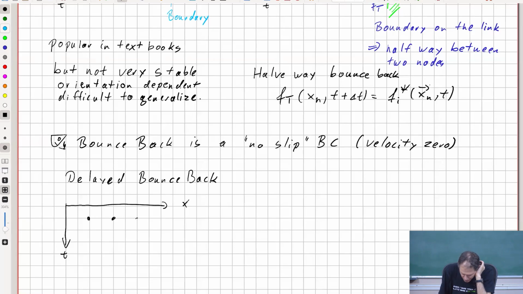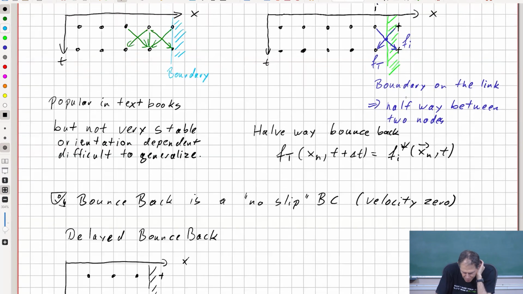These are our nodes, and here is our wall. Maybe I draw this in this way. So this comes back at the same time step, at the next time step it is already coming back.